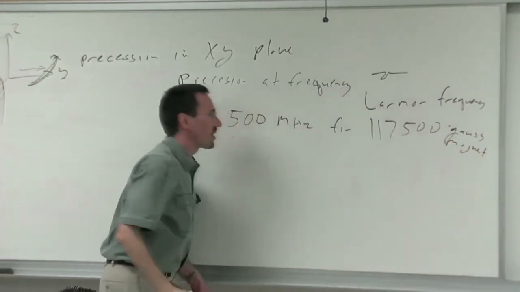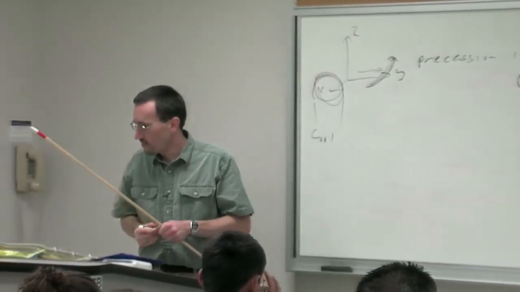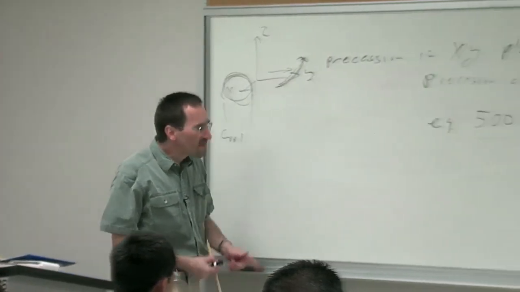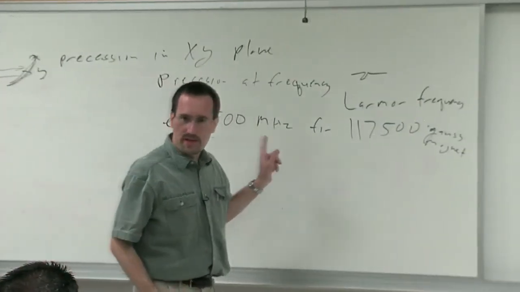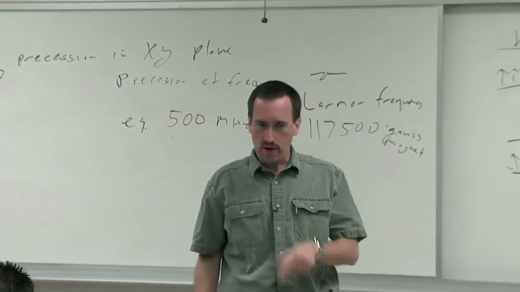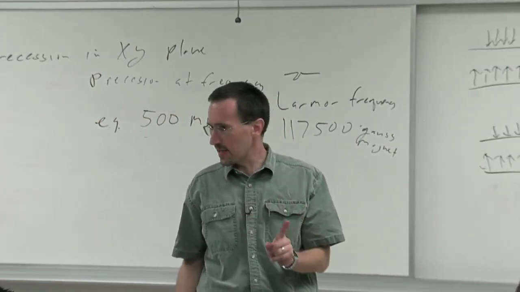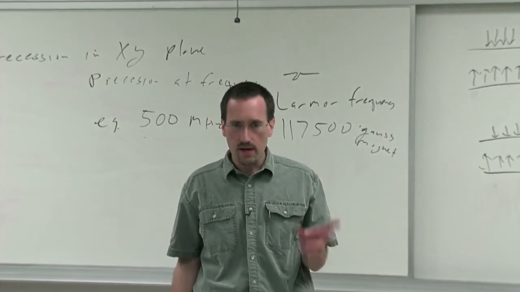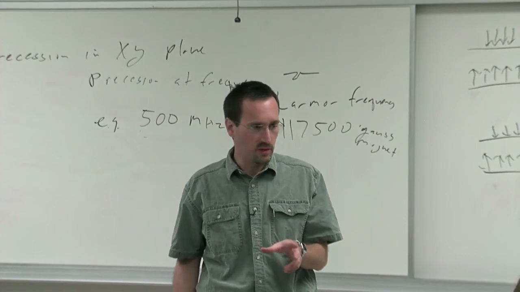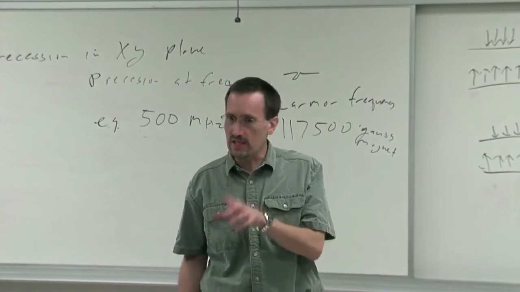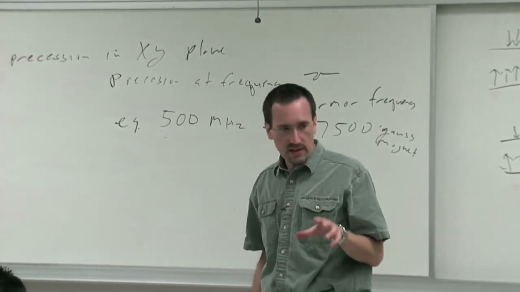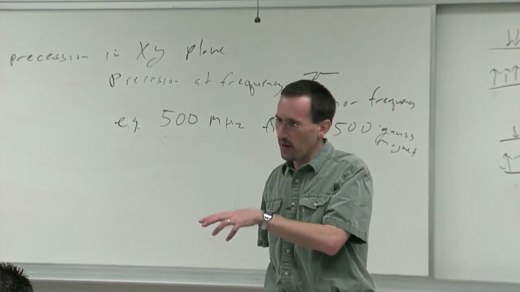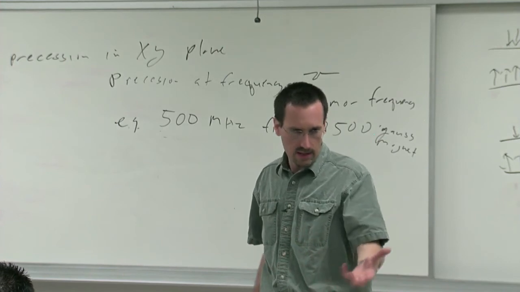And NMR spectroscopy was actually discovered by the physicists and then rejected by the physicists because they figured that there would be this universal property of a proton of how fast it precessed in any given magnet. And when we come next time to the concept of chemical shift, we'll see that the frequency, the magnetic field that the proton feels is modulated by the nature of the molecule, by the environment in the molecule.